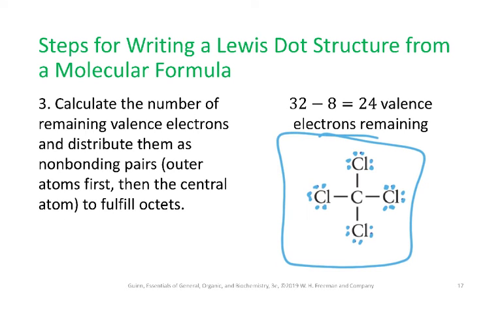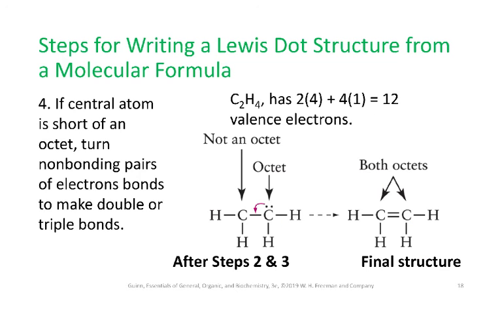That's the final structure, because carbon is satisfied with 8, chlorines are each satisfied with 8, and we've used up the total of 32, so it's done. If it's not done, or if one of those things hasn't happened, we have some left over, or one of the atoms does not have a full octet, then we move to this step.